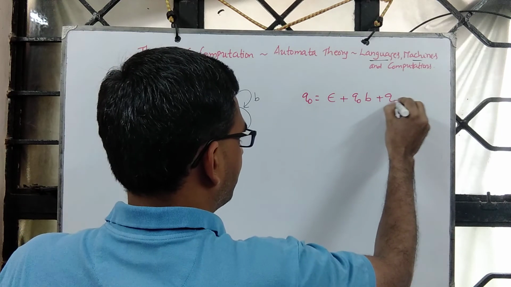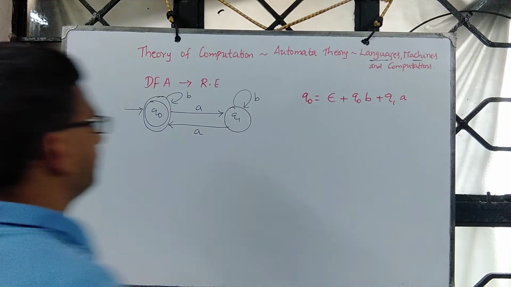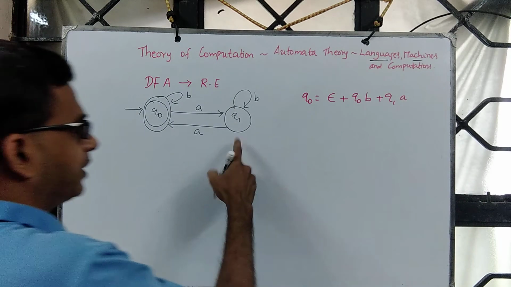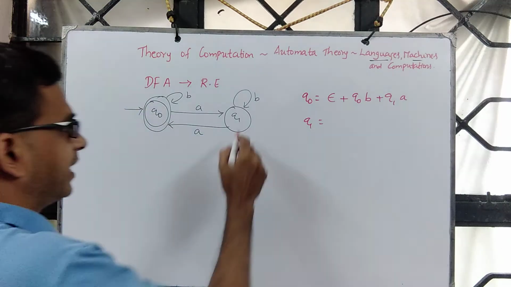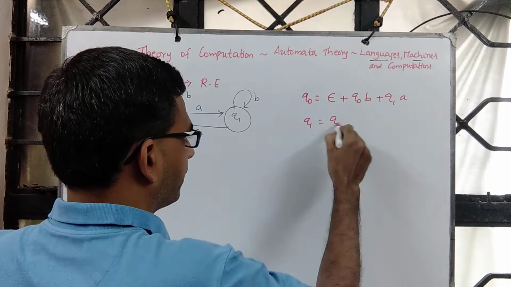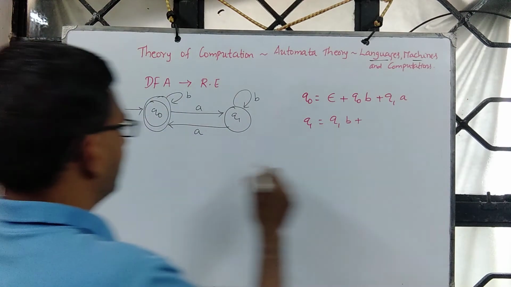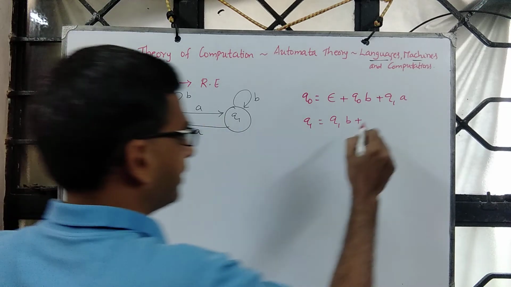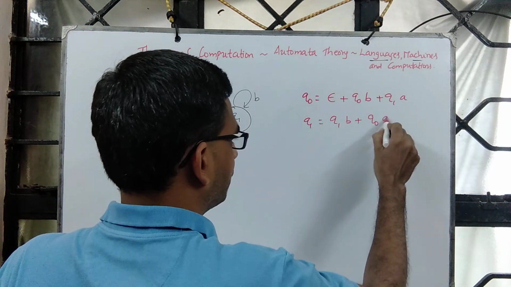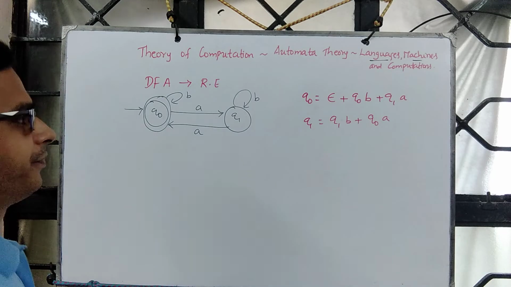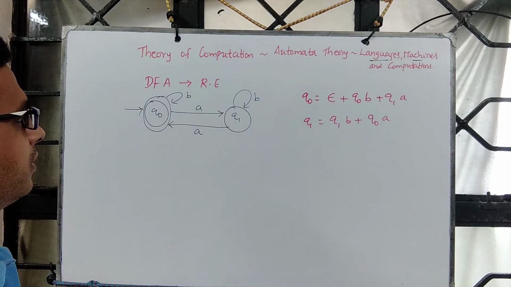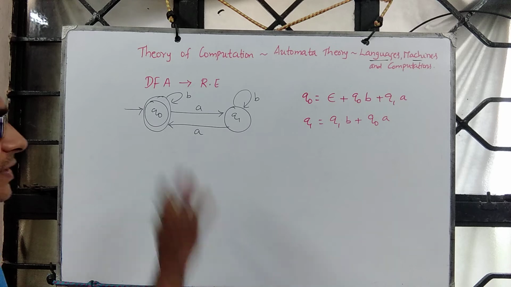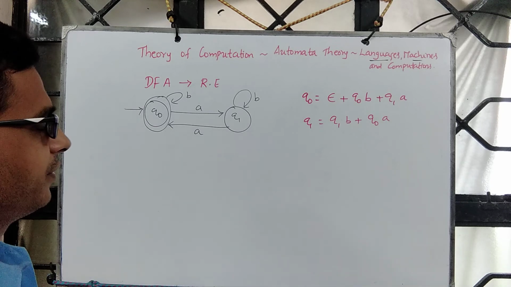Similarly, Q1 followed by A. Now with respect to Q1, you see that Q1 B plus there is an incoming arrow from Q naught, which is Q naught A. Fine.